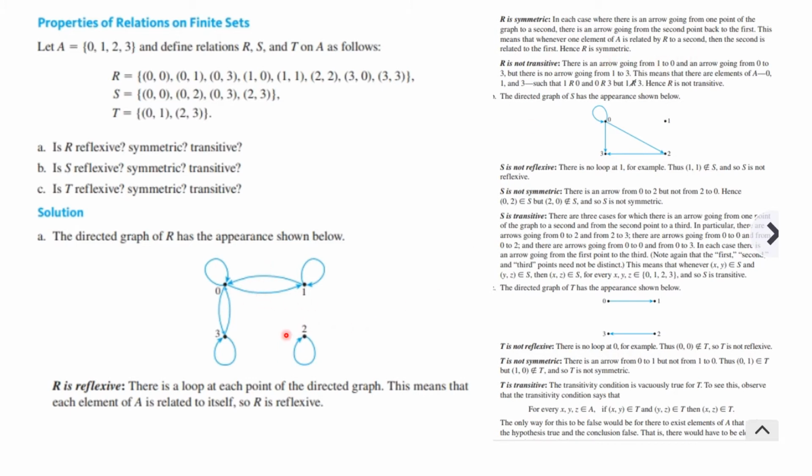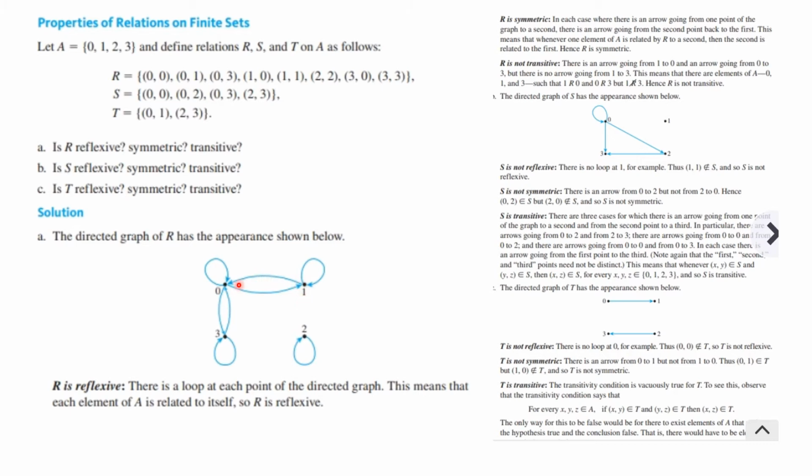And so here's a pair going between these two and these two. Now, you don't have to worry about this because there's nothing going in, so we don't have to have anything going out. But R, in this case, is not transitive because there's an arrow that goes from 1 to 0.